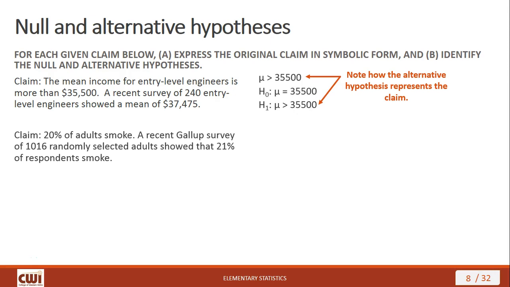Let's look at another example. Here we have a claim that 20% of adults smoke. A recent Gallup survey of 1,016 randomly selected adults showed that 21% of respondents smoke. What is the original claim in symbolic form?